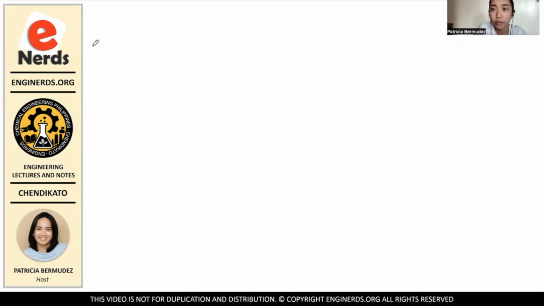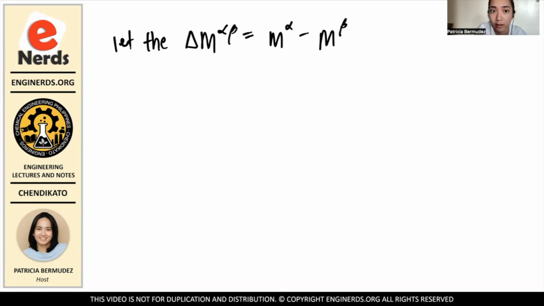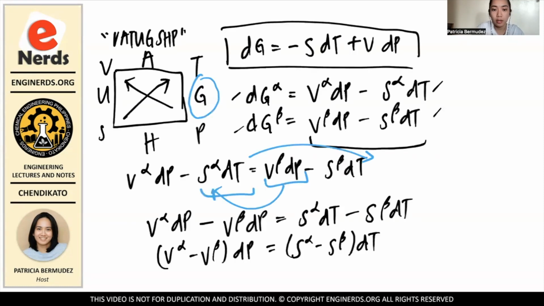Okay? And now what we're gonna do is we're gonna let the hypothetical change M of phases alpha and beta be equal to the hypothetical property M of phase alpha minus the hypothetical property M of phase beta. Okay? So, ang gagawin natin dito is ito, magiging change in V alpha beta. And then this one is magiging change in S alpha beta.